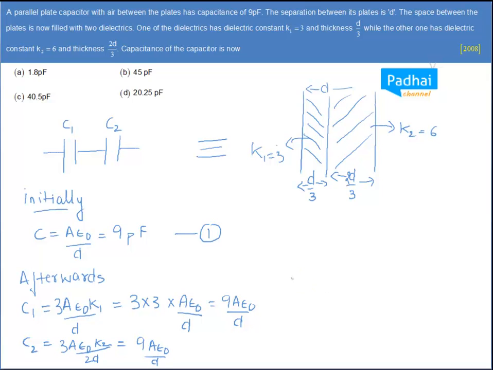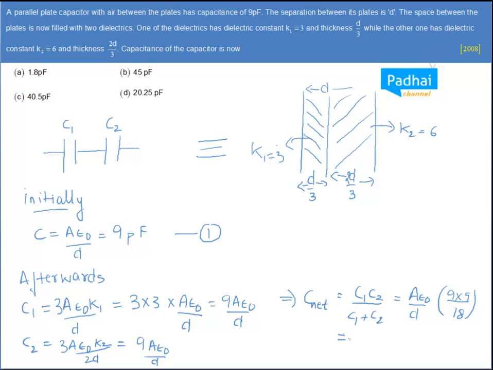Now these are in series, that means C net is given by what? C1 C2 upon C1 plus C2, right? So I can take out A epsilon naught by D as common and write 9 into 9 upon 18, right?